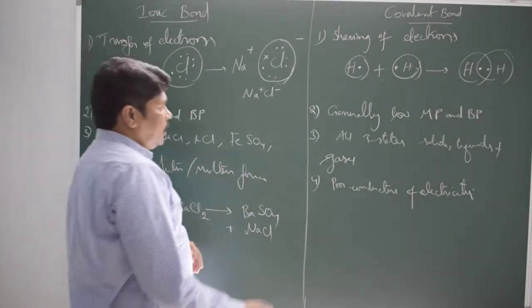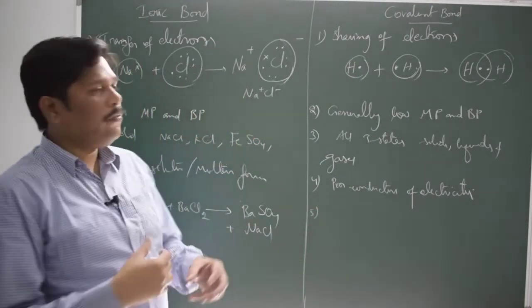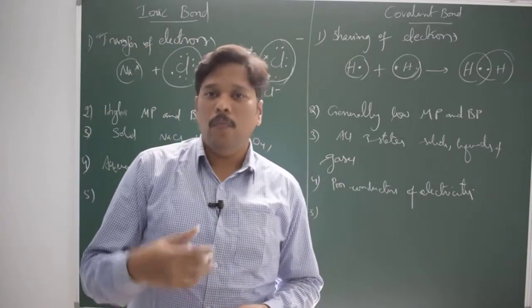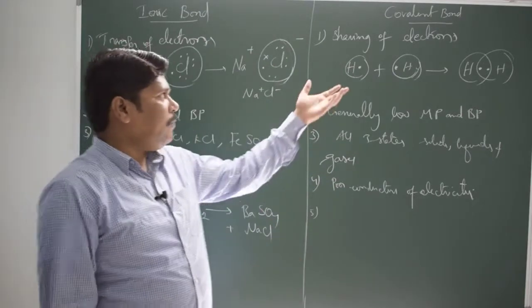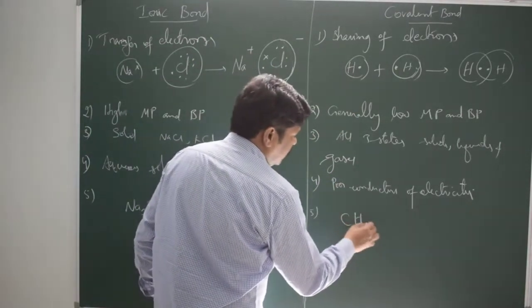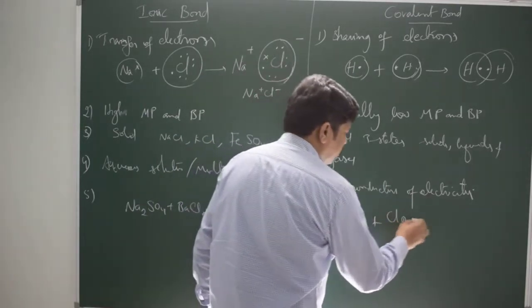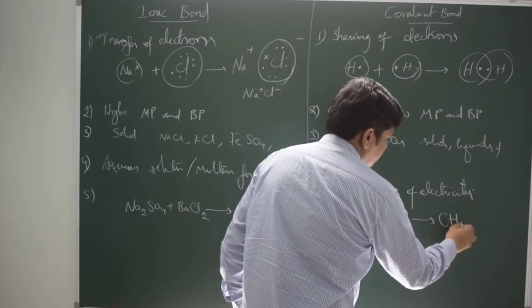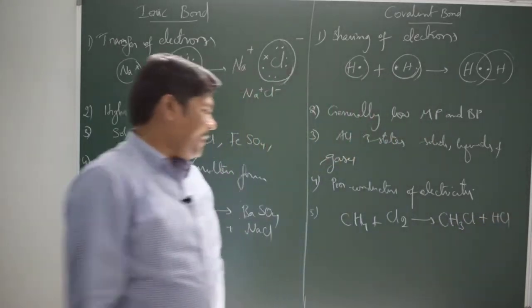Whereas for covalent compounds, the formation of a covalent compound is very slow. And one more thing is, it even does not proceed to completion. Example, CH4 methane gas in the presence of sunlight reacts with chlorine to form CH3Cl plus HCl, chloromethane.